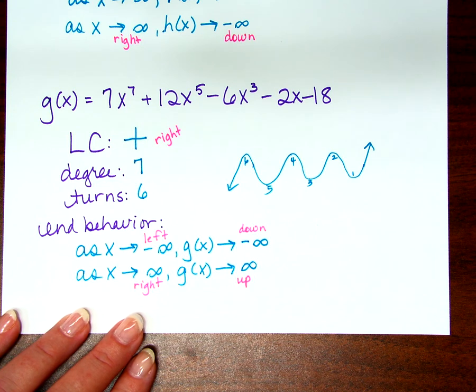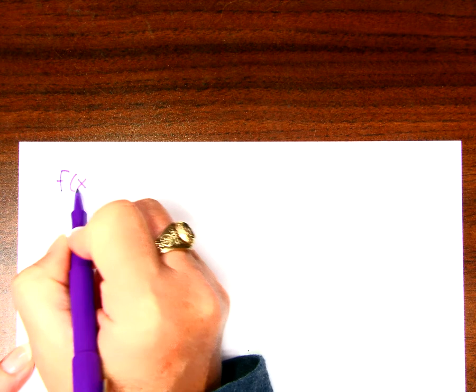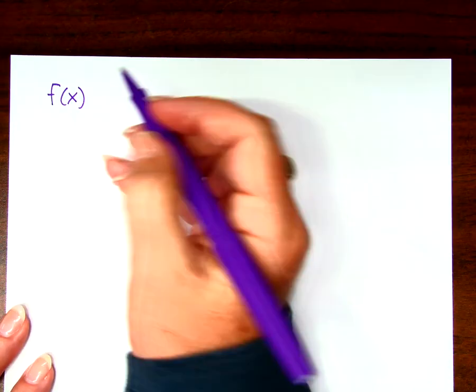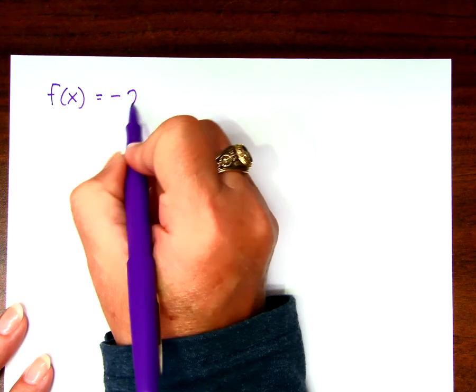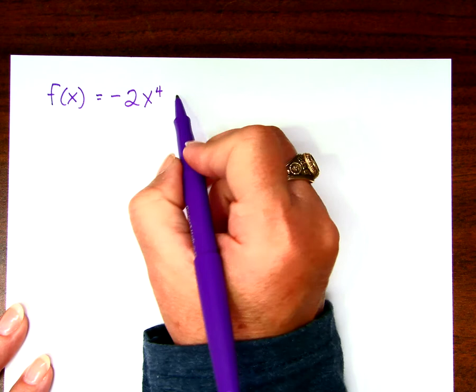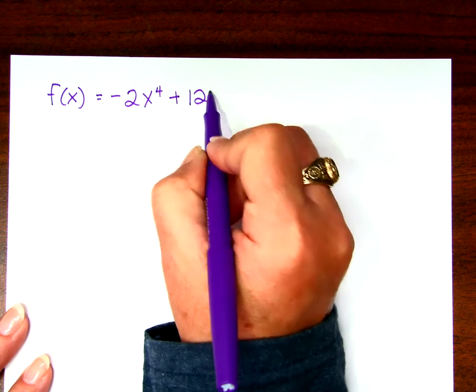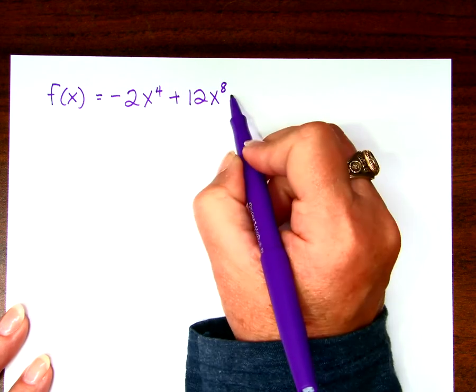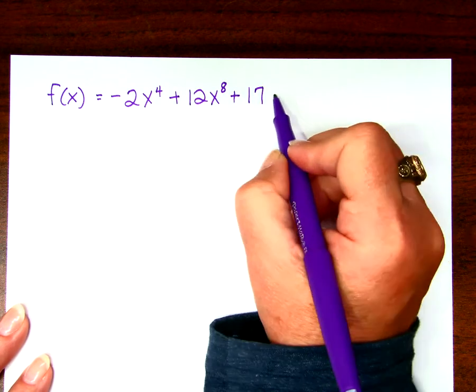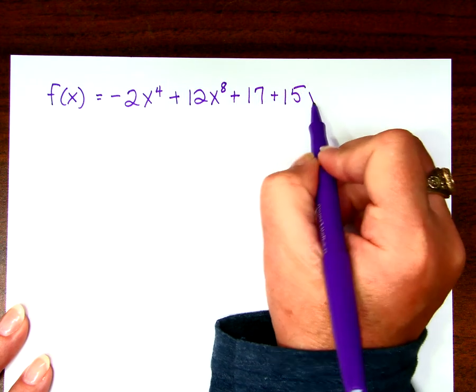Good? Can we do one more? Okay. We'll let it be f of x. F of x equals negative 2x to the 4th plus 12x to the 8th plus 17 plus 15x squared.